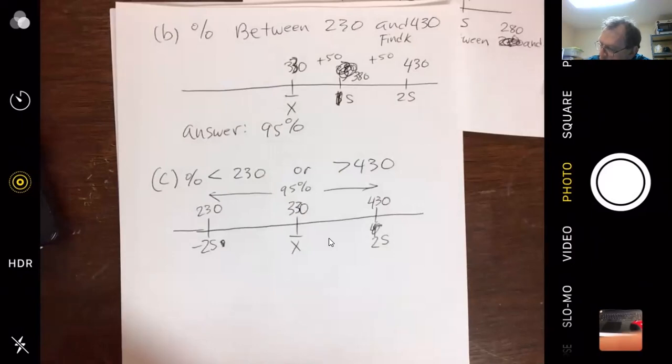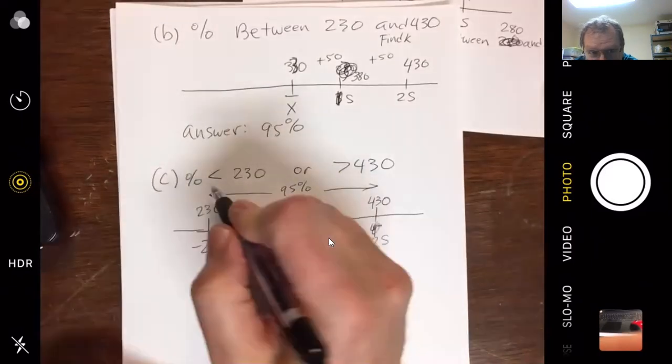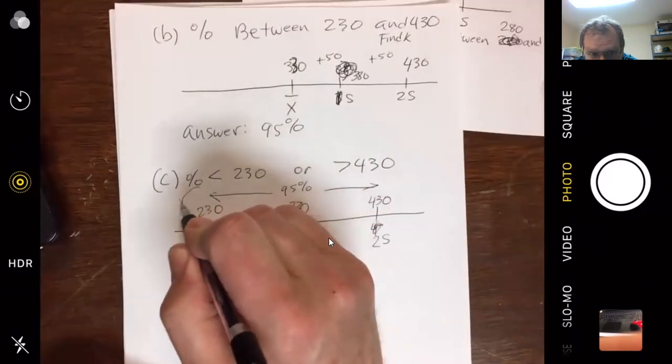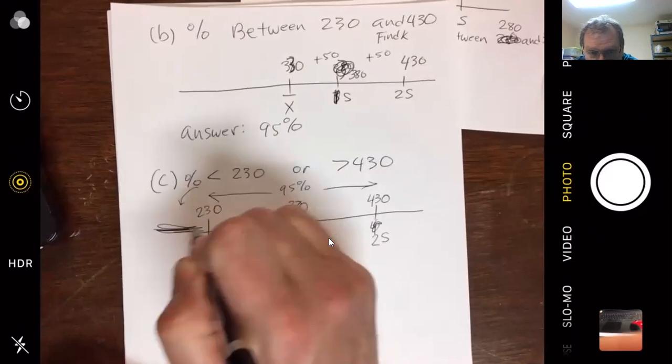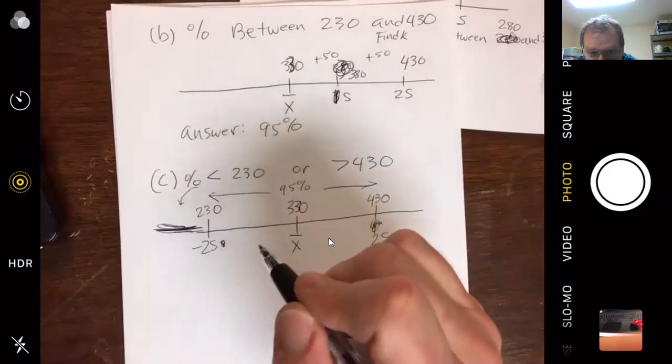Percent greater than 430 is over here, right? Yes, please. Okay, I've shaded outside, let it catch up. I did this 10 seconds ago. It's a little weird watching the delay.